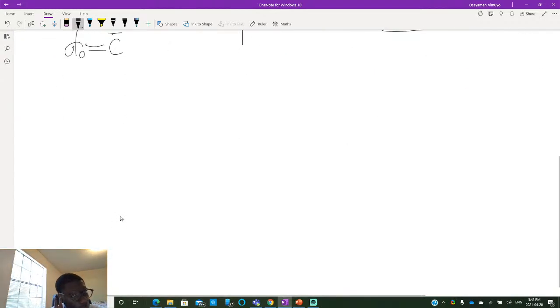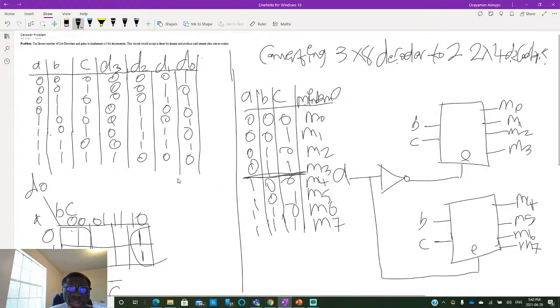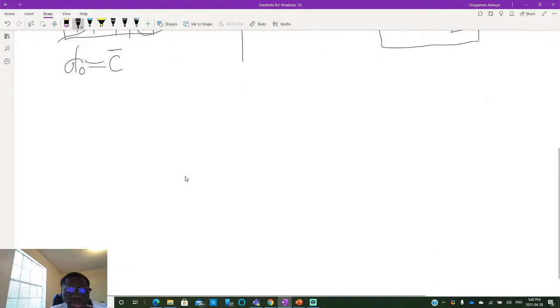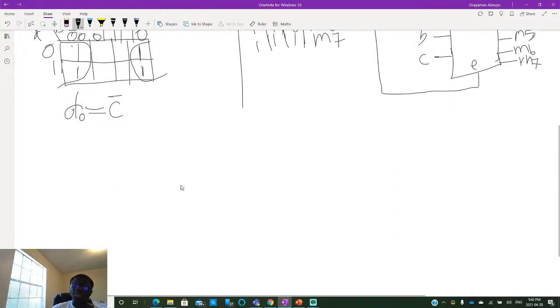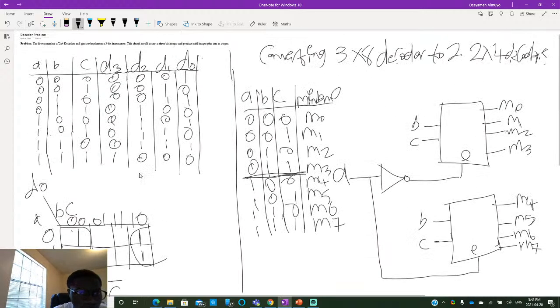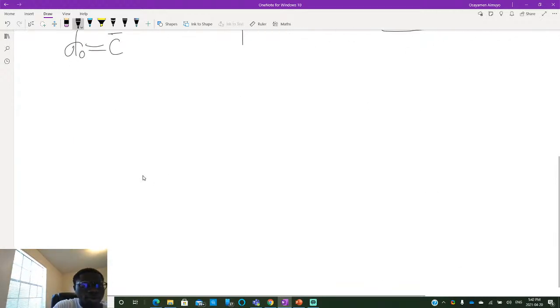D0 is C bar, so we can implement that directly using a NOT gate. To complete the circuit, we're going to need two 2x4 decoders.